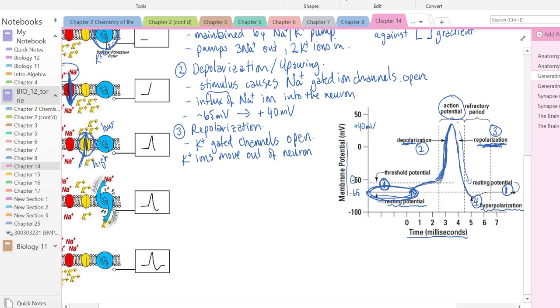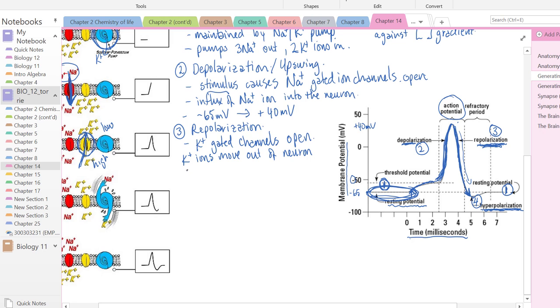As those potassium ions move out, the membrane potential is going back down. Oftentimes it surpasses the resting potential, so you get a slight decrease below.